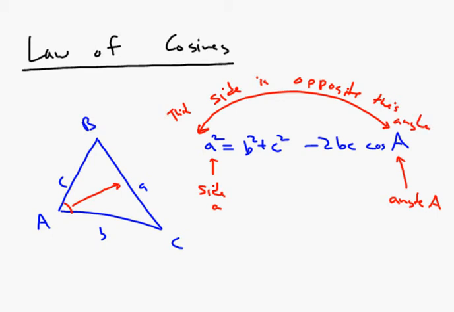And that's really important. And also what that means is that you have options about how you write this. Just like you can write the area of a triangle formula 3 ways, you can write the law of cosines 3 ways. So you can write it like this.